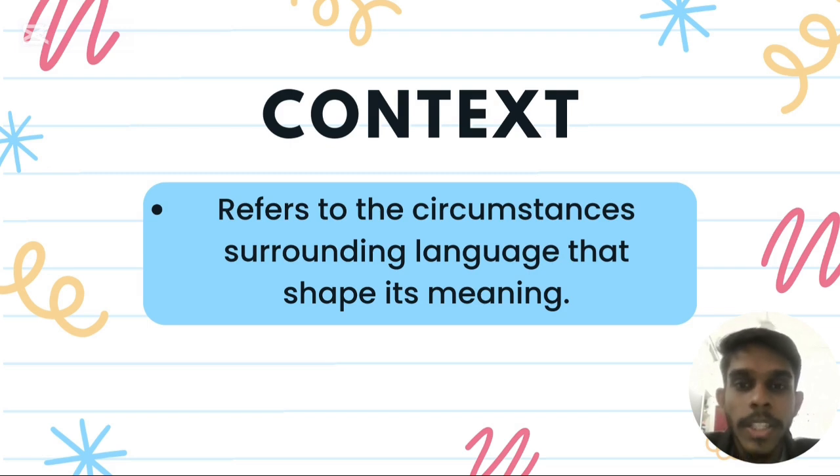It provides background information that helps clarify meaning and ensures that communication is appropriate and effective. There are different types of context, such as situational context, cultural context, and lastly interpersonal context. In essence, context shapes how language is used and understood, ensuring that communication is meaningful and appropriate in any given situation.